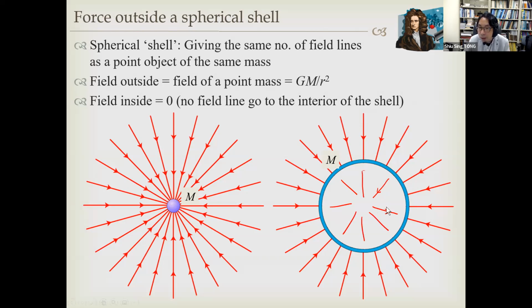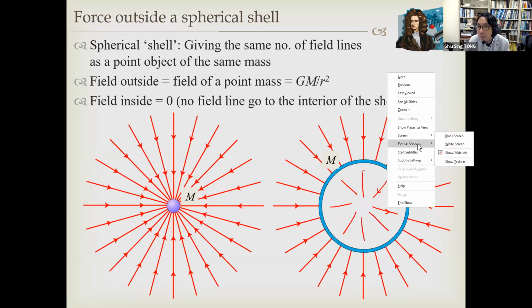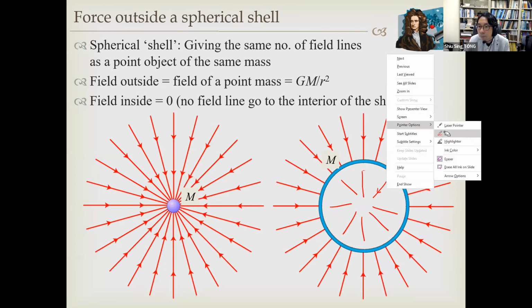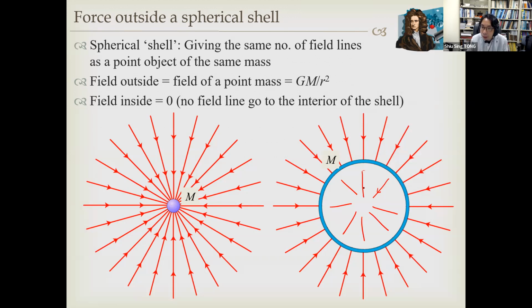Suppose now I have a distribution like this, a few lines like this. I cannot have an angle for this field line. They must be either converging or divergent because of symmetry. I cannot break the symmetry of a sphere, right?